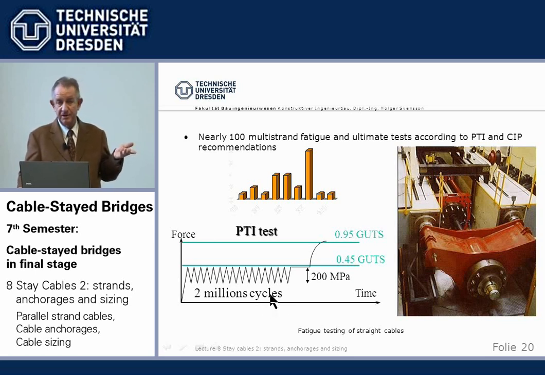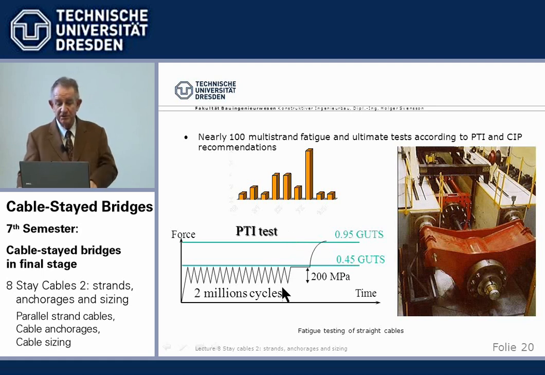That is 2 times 10 to the power of 6. There's also what we call in German Dauerfestigkeit, Wöhler strength, fatigue strength. And then there is Betriebsfestigkeit, which I call endurance strength, which is 10 to the power of 8, 100 million cycles.